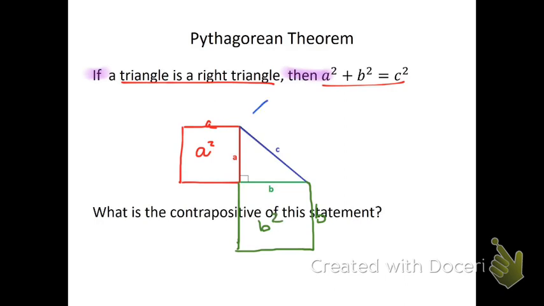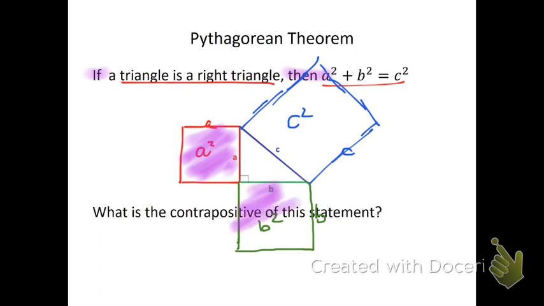Finally, if I did the same thing with my hypotenuse, a square with side length c, that base times height would give us an area of c squared. The idea of the Pythagorean theorem can be represented with what's called an area model, where the area of the square a squared, plus the area of the square b squared, would be equal to the area of the square off the hypotenuse, c squared.